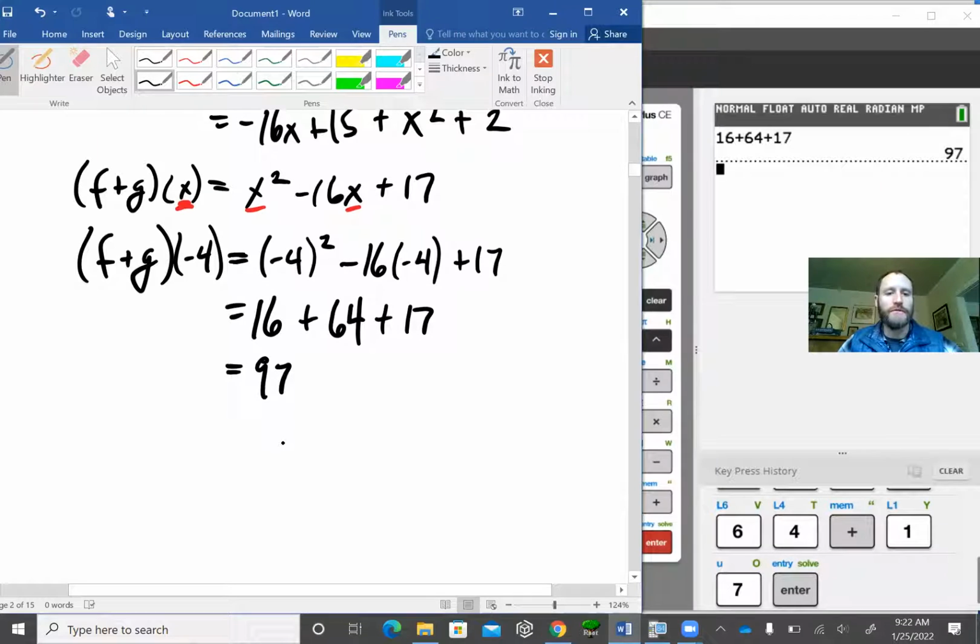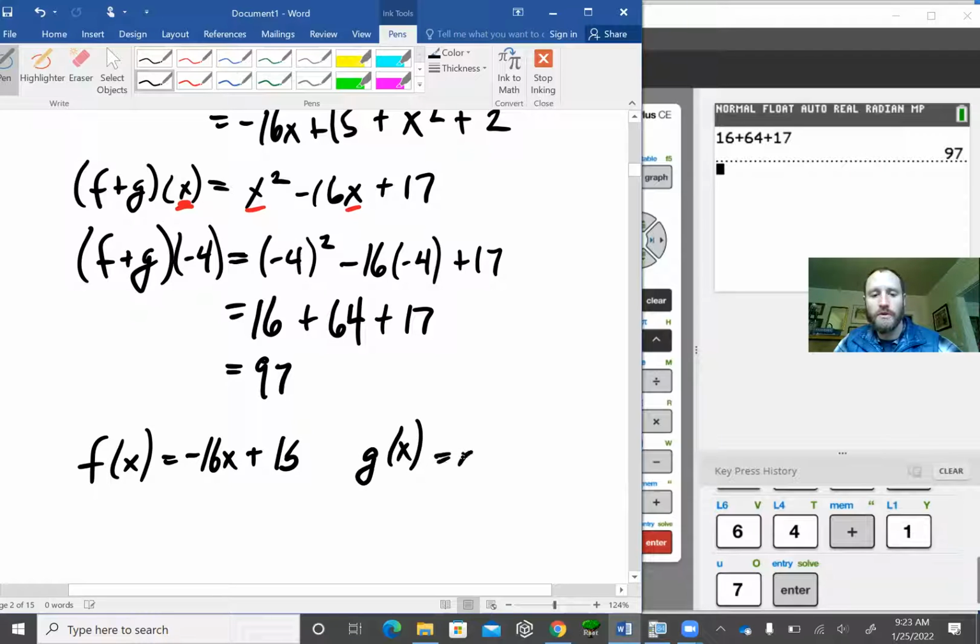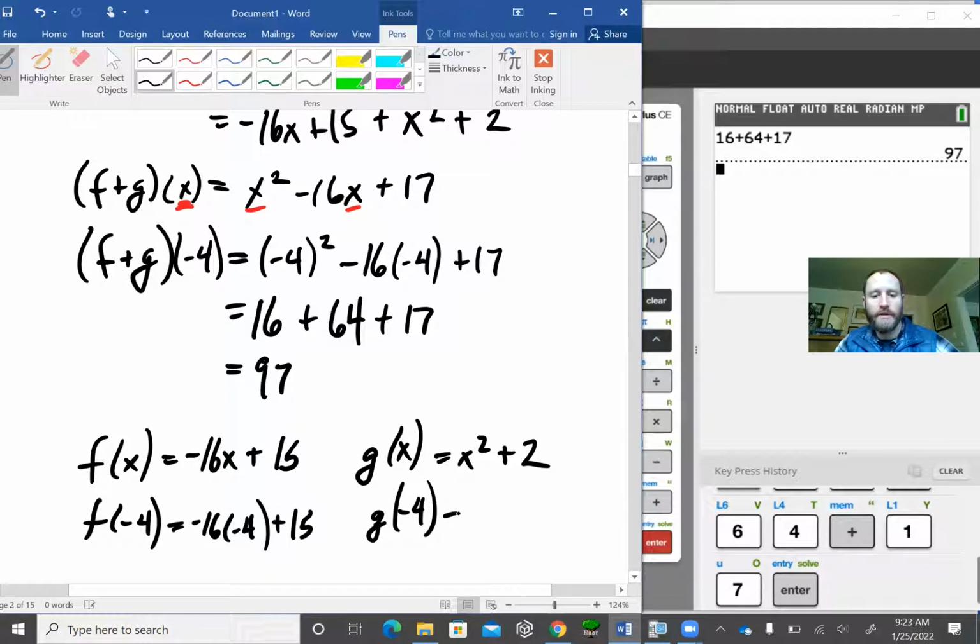Now, you also could have taken the formula for f of x, which was, let's see, -16x plus 15. And then g is x squared plus 2. Okay, you could find f of -4 and g of -4. So there, that would be f. We'd have to solve that out. Here's g.